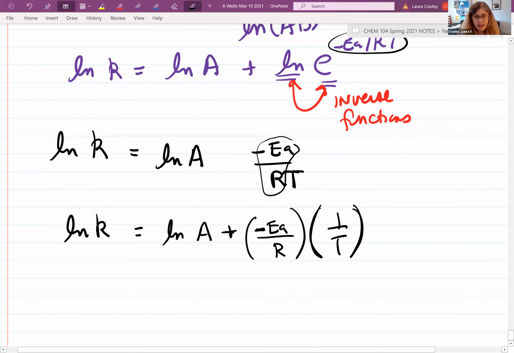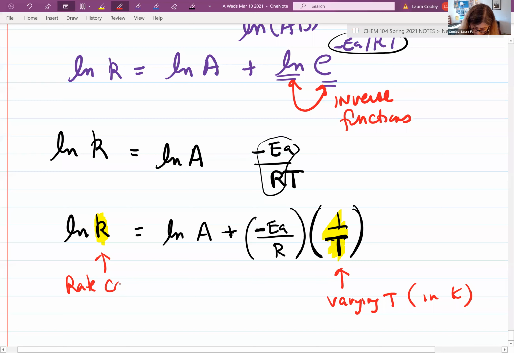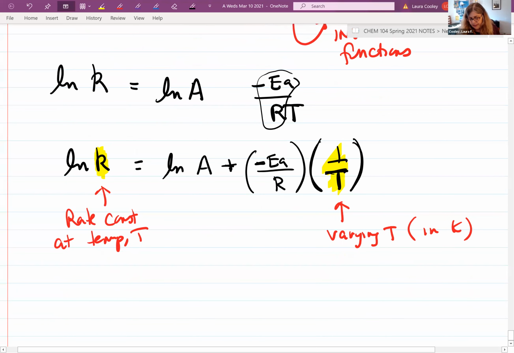But when I think about it this way, I say to myself, oh, if I'm varying the temperature, so this is the variable, so I'm varying T, and this has to be in kelvins. If I vary T and this K, this is the K, the rate constant at temperature T. Okay.